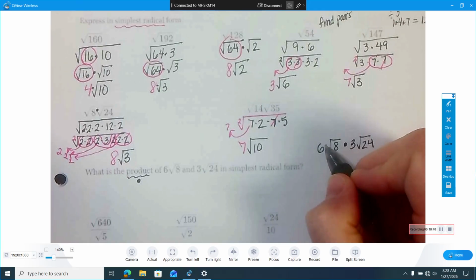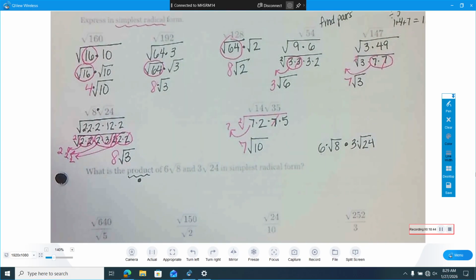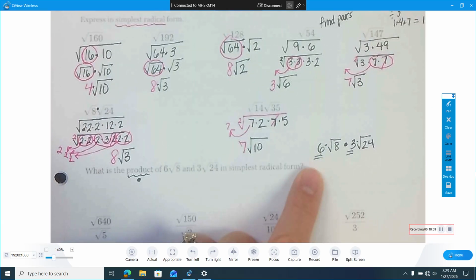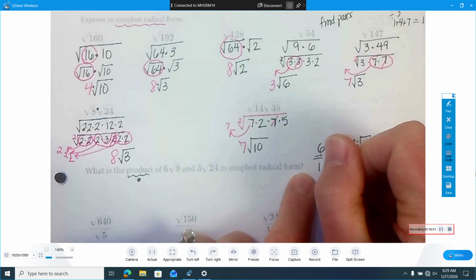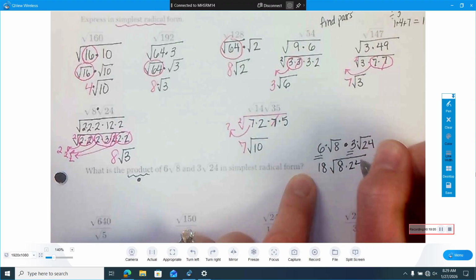This is 6 times radical 8 and 3 times radical 24. Some of the numbers are regular numbers, and some of the numbers are totally radical. They don't really mix all that well, okay? But we can multiply our regular numbers together. What is 6 times 3? 18, okay?